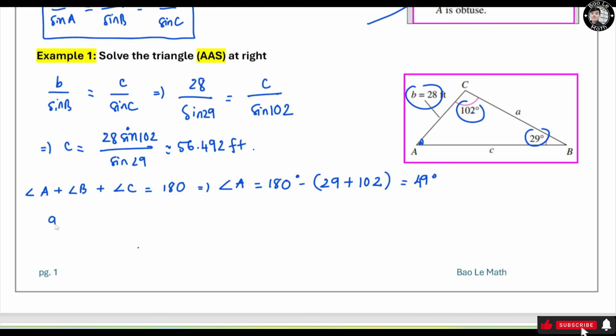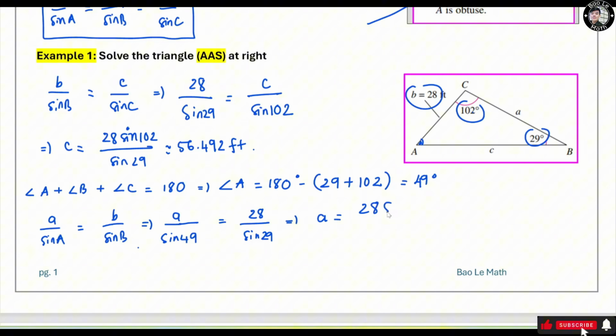So then we have A over sine A equals B over sine B. And then A over sine of 49 equals B, which is 28 over sine B, which is sine 29. So then we're going to cross multiply, so A equals 28 sine 49 divided by sine 29.